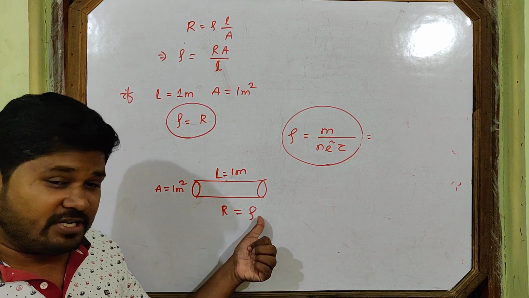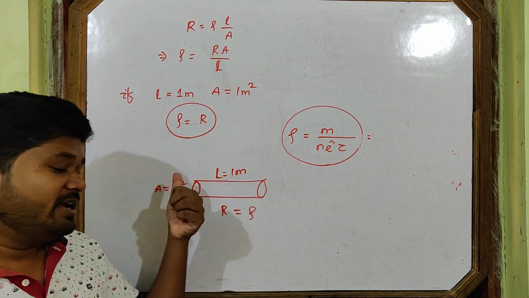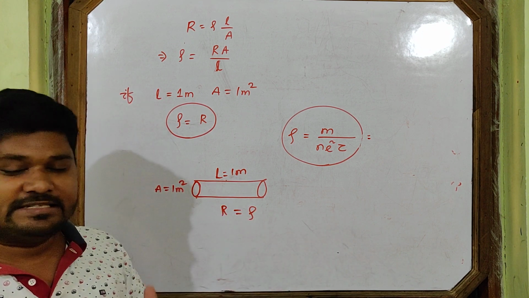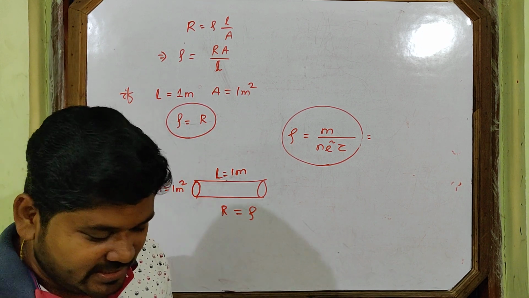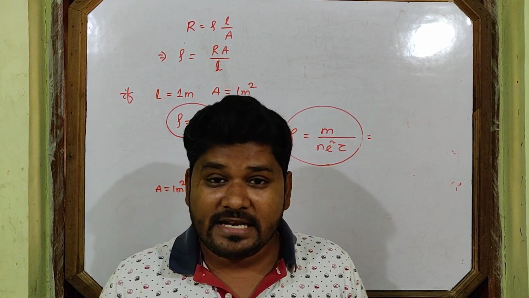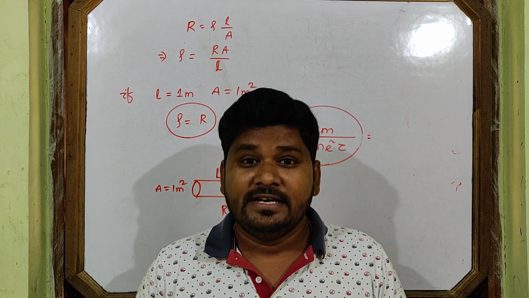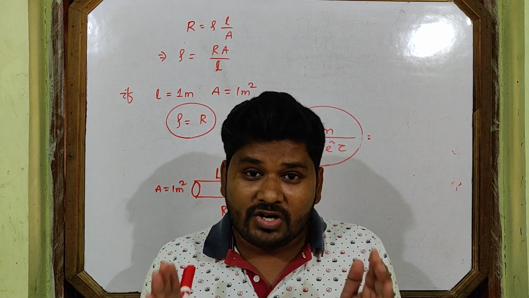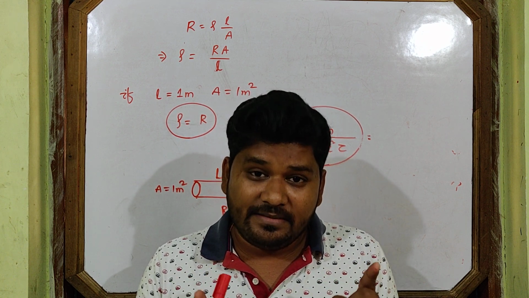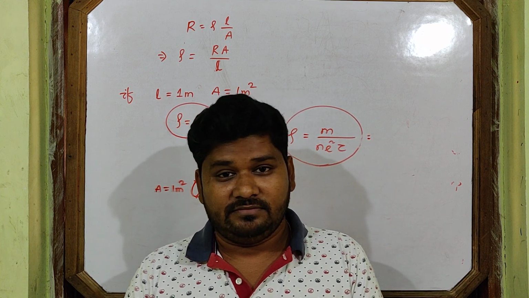If the resistivity of iron is asked, you take a rod of iron, length 1 meter, area of cross section 1 meter square, then its resistance is equal to resistivity. So finally, if the exam question comes, define resistivity, what answer will you write? Resistivity of a material is defined as the resistance of a rod of that material of length 1 meter and area of cross section 1 meter square.